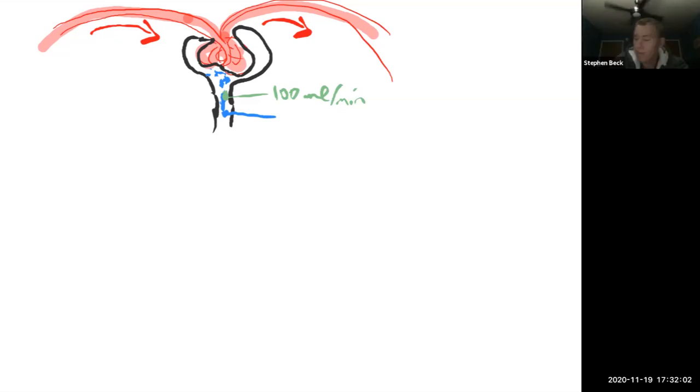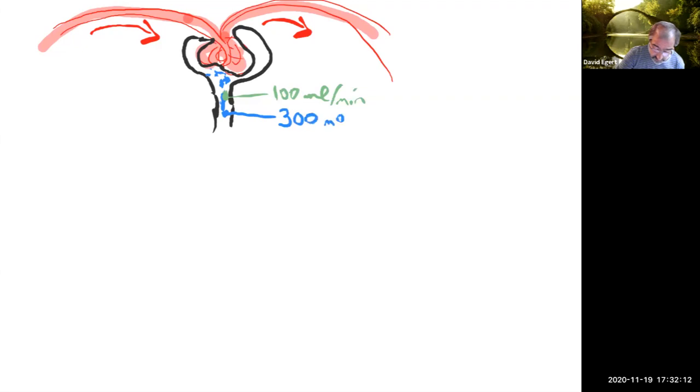It's going to be the same, which is what? Right, 300 milliosmolar. That should sound familiar. Of course, it's the osmolarity of everything else in your body. So this is where we're going to start.